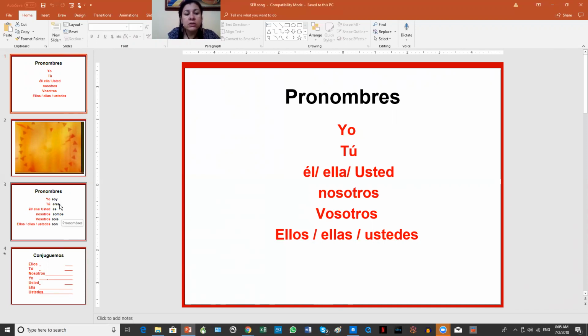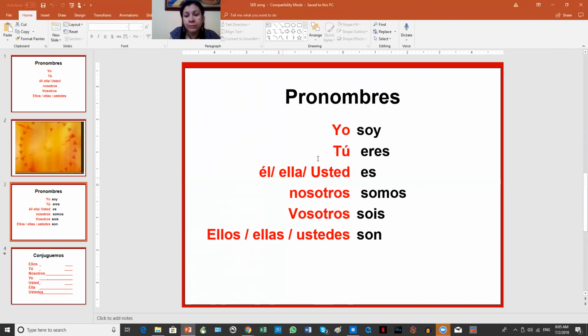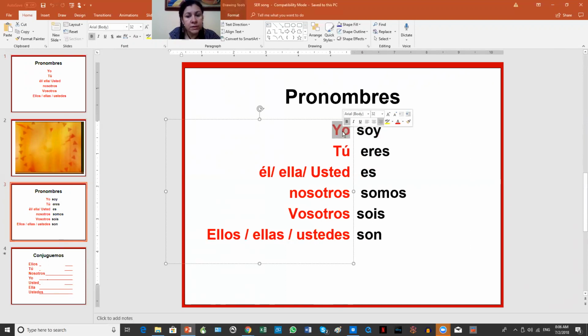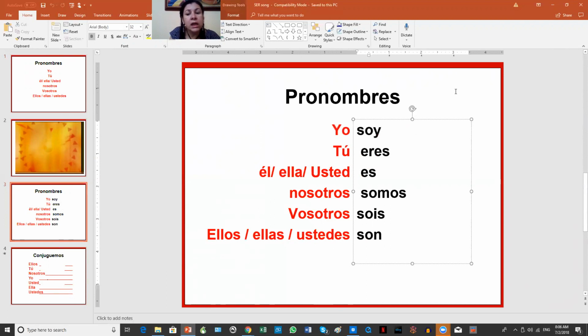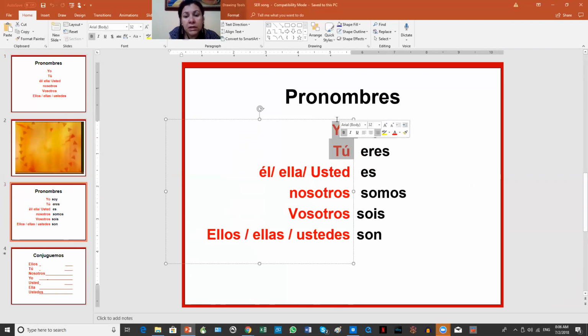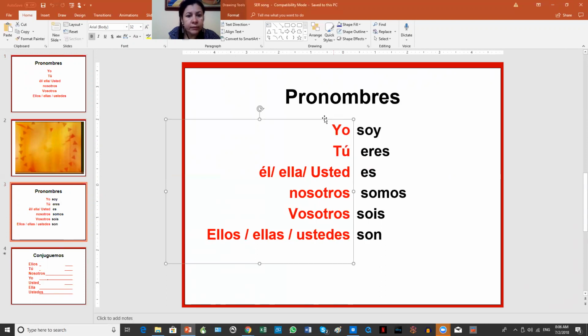See? So if we consider the verb ser, soy only exists for yo. See? And eres only works with tú. And somos only goes with nosotros. So if you omit this, let's say we remove them from here.